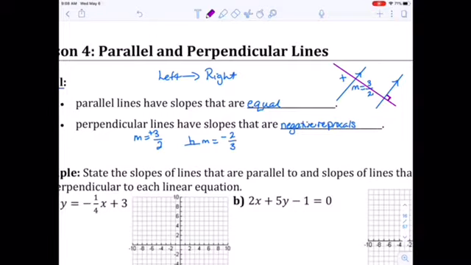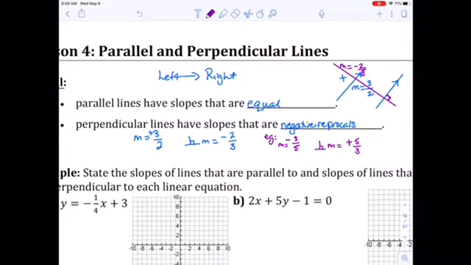Another thing to keep in mind: if we started with a negative slope, like -2/3, or say negative 3/5, then the slope of the perpendicular line would be positive 5/3.